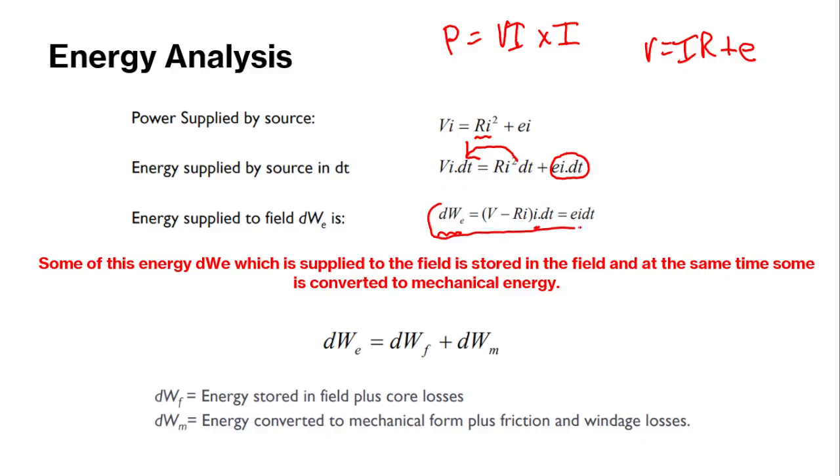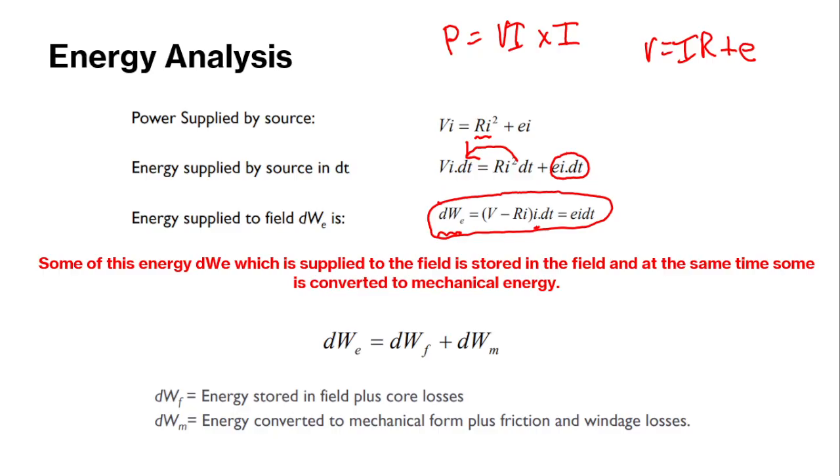All this is basically saying is that some of the energy applied to the field is stored in the field, and at the same time some of it is converted to mechanical energy. So of the total energy you have when it's applied to the contactor, some will be stored in the magnetic field. We went through this before. Some is stored in the magnetic field, and some of it will go to do the mechanical work, which is lifting up the contactor.